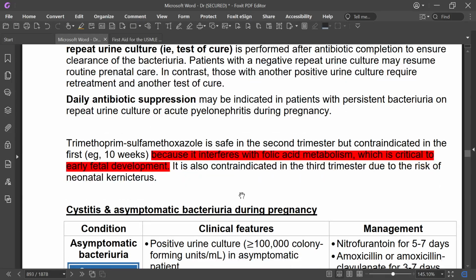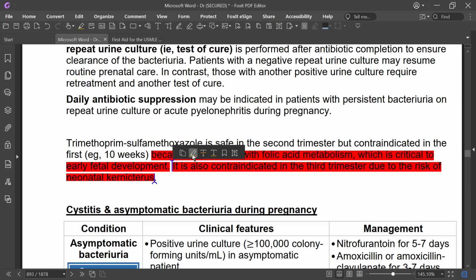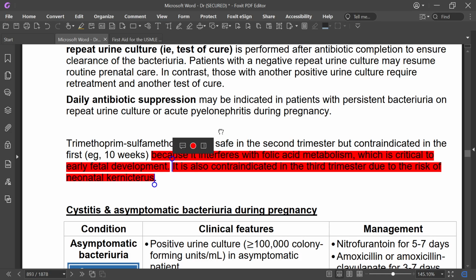It is contraindicated in the third trimester due to neonatal cardiac effects. So TMP-SMX is a very good, cheap drug, but the problem is it cannot be given in the first trimester, because it interferes with folic acid metabolism and early fetal development, and cannot be given in the last trimester because it can cause neonatal cardiac arrest.